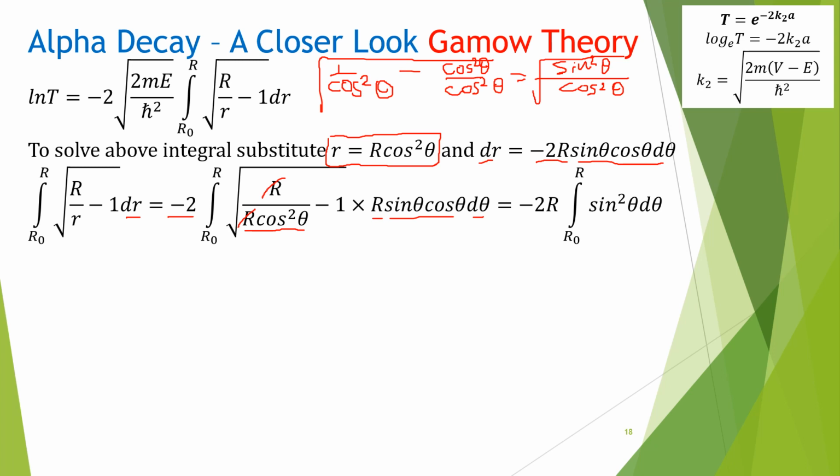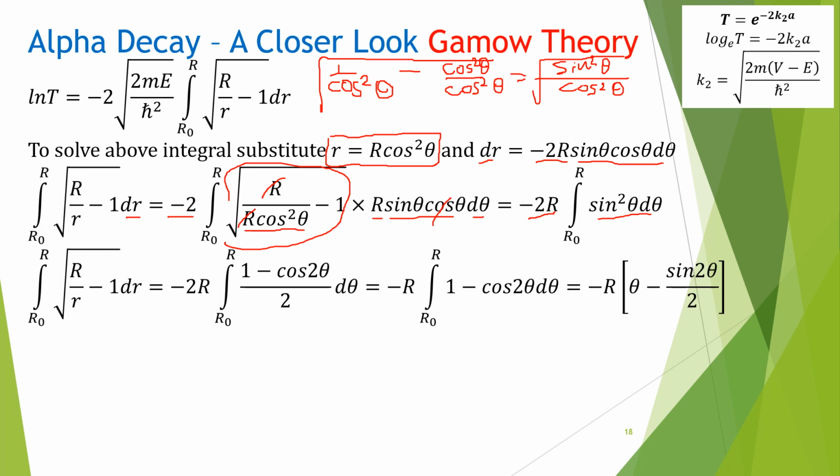So sin theta upon cos theta is to be replaced by this bracket, and cos theta will be cancelled. We'll be left with minus 2r into sin square theta d theta.